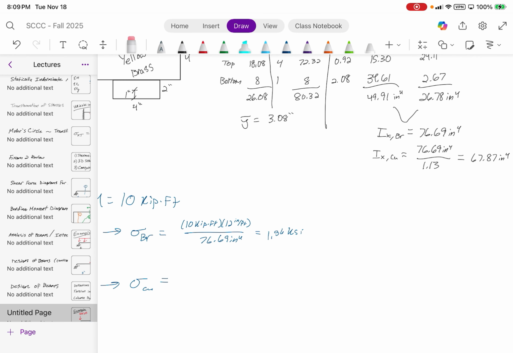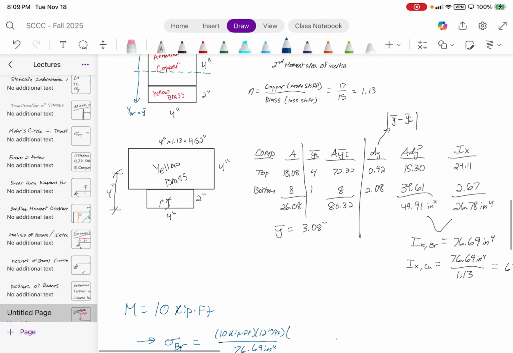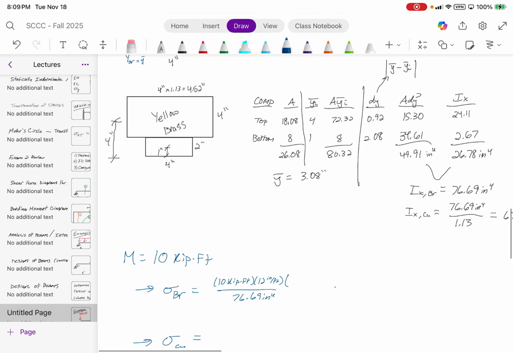Oh, wait, I forgot the Y, the most important part. For the yellow brass, Y is Y bar, so 3.08 inches. That gives us a stress of around 4.82 ksi. Is that what you got?